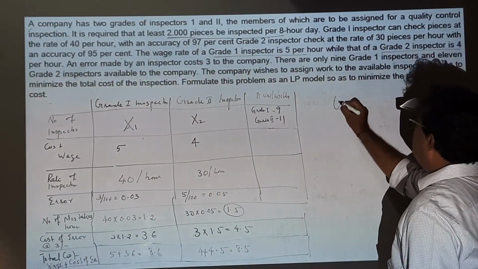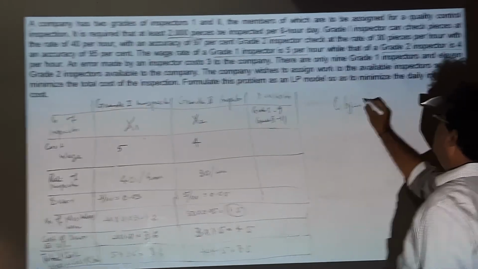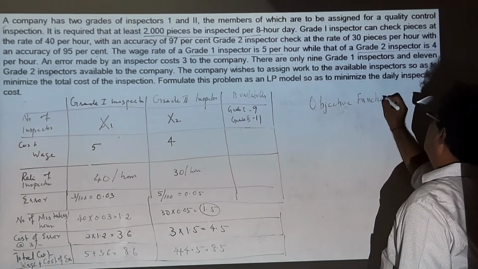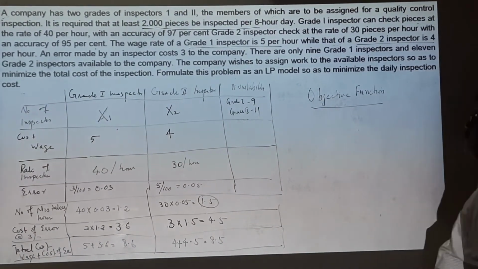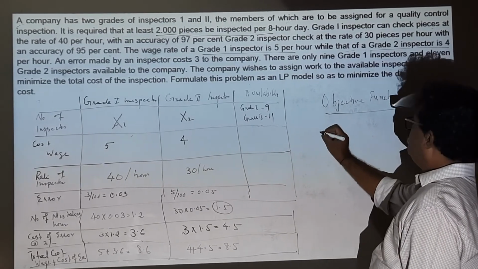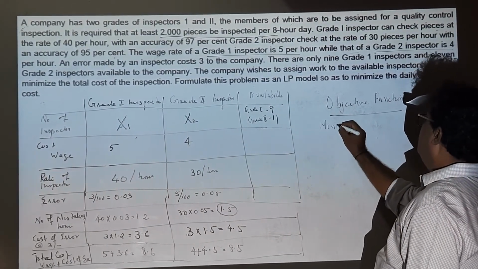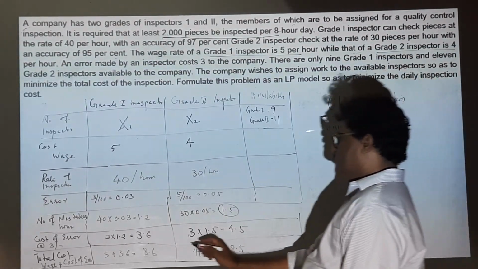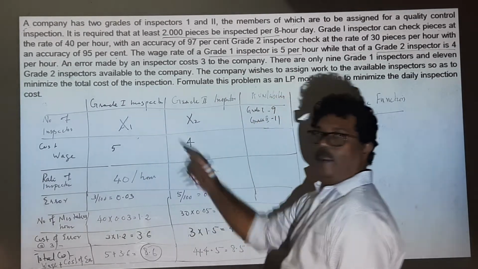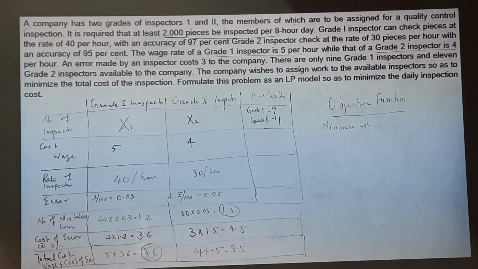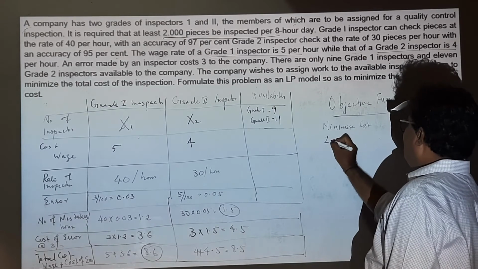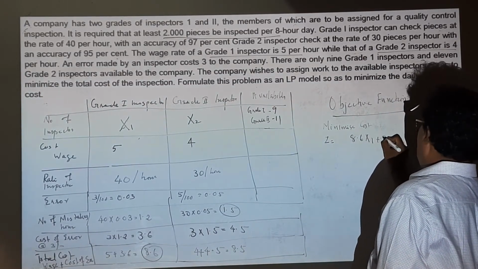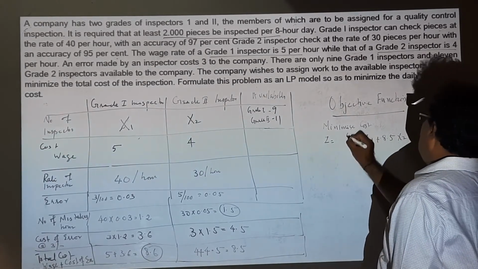Objective function. What is the objective function? Cost minimization. Correct? Minimize cost. This is the cost, 8.6 multiplied by x1 in 1 hour. Z is equal to 8.6 x1 plus 8.5 x2. You understood this much?